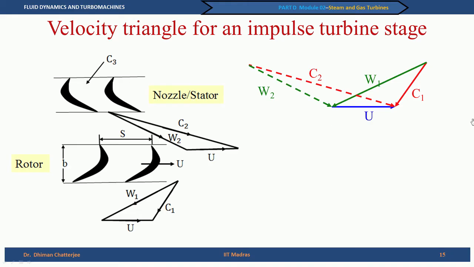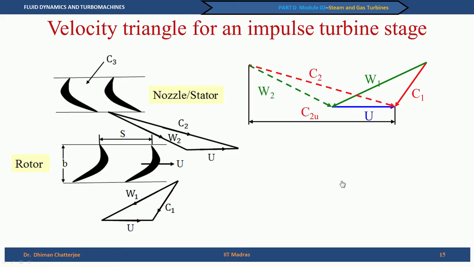When we talk about axial flow turbines, many times we take advantage of the fact that the blade peripheral velocity u is the same at the rotor inlet and outlet, and we can draw it in terms of a common base. So, this u serves as a common base and a direct method of comparing the inlet and outlet velocity triangles.